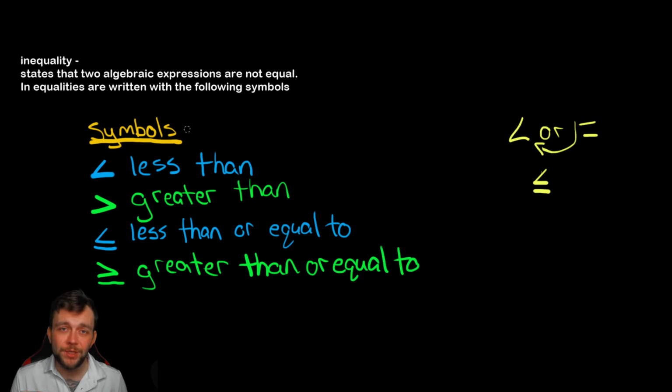Just for the sake of it today, let's solve this inequality. We have 3x plus 12 is less than 15. And I might ask you, what is x? This is going to be just like solving an algebraic equation.